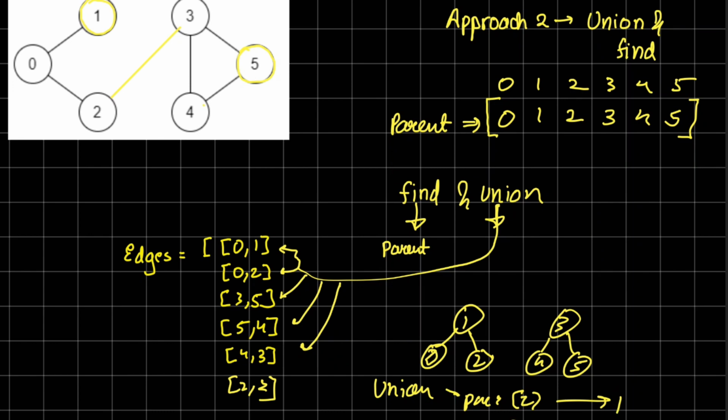So there is an edge between them, and we need to update the parent. So for the parents 1 and 3, we will either make 1 the parent of 3, or you can also make 3 the parent of 1.